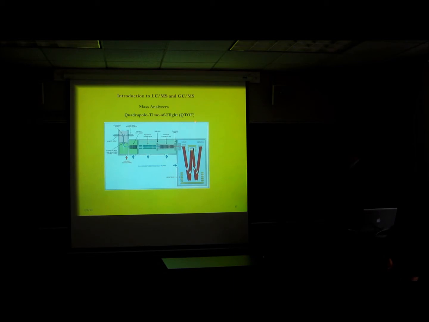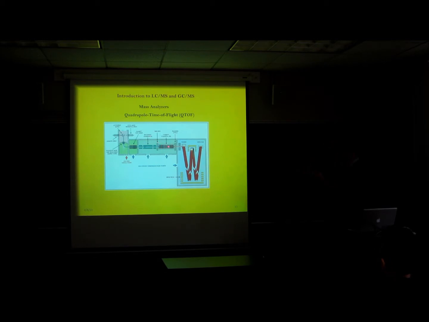A powerful configuration of mass spec for doing separation science and discovery work is a Q-TOF. So now we have a quadrupole at the front end of our instrument that we can use as a specific mass filter to only allow through precursor ions of interest.